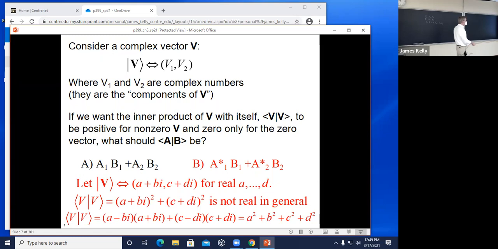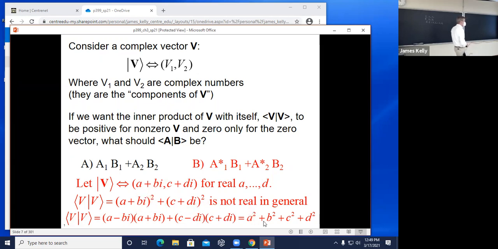So how is that solved by this second definition, which we're saying is the correct one to use? Well, in that case, we multiply a plus bi times a minus bi if we're taking the inner product of a vector with itself, and the same for c plus di times c minus di. In that case, all the cross terms cancel. The outer cancels with the inner in this case and in this case, so all the i's go away.